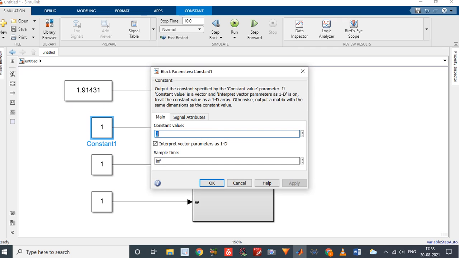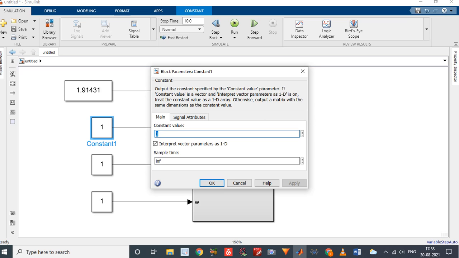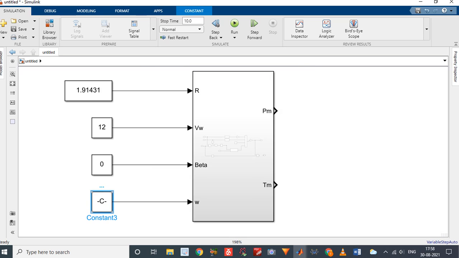And then this one is for 12, already we had, I think. Yes, it's 12. Beta would be 0, we don't have any pitch channel. And then W will be 50.77.